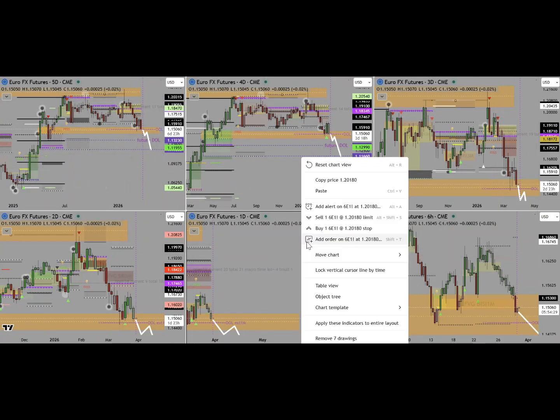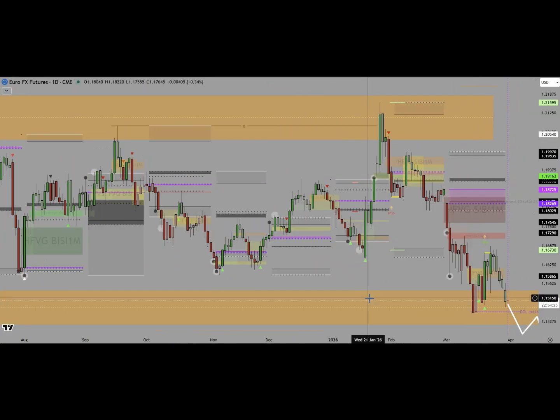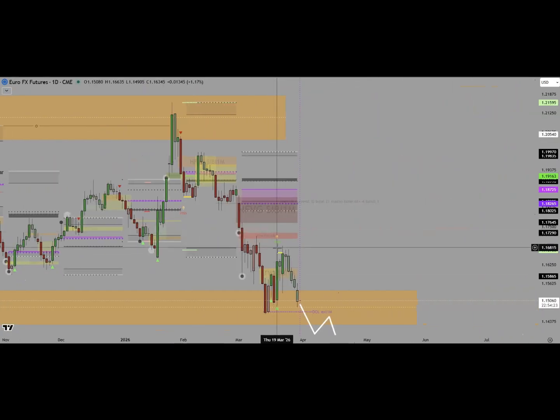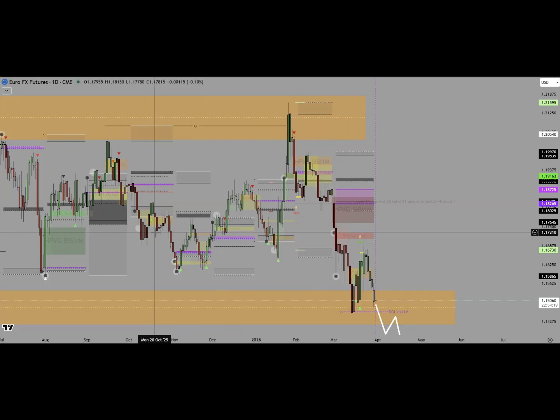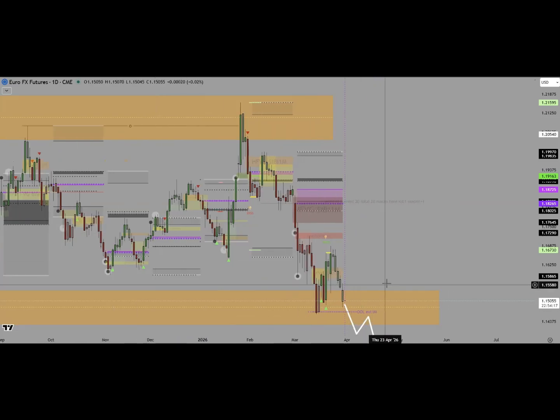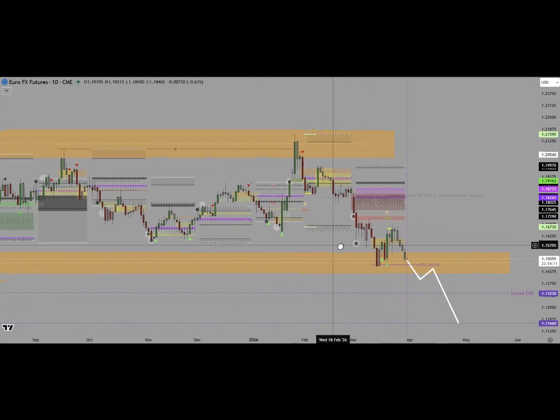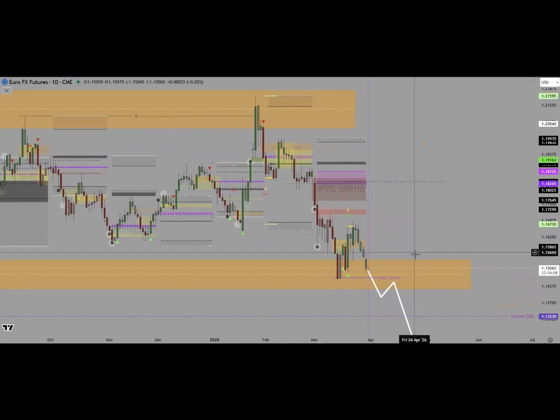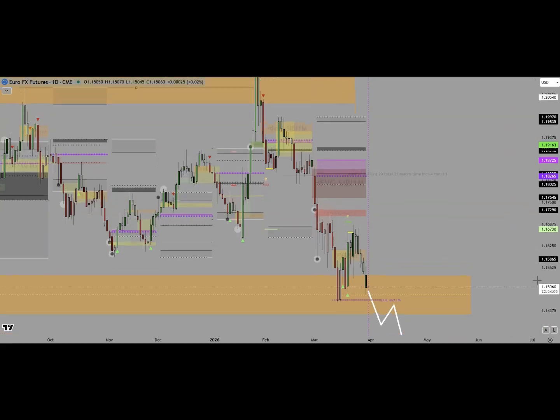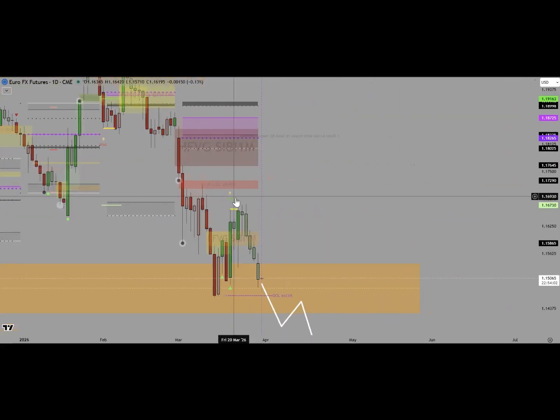Let's see over here in the daily. We got a fake market structure shift. Price continued to drop. What invalidates this idea is if we trade again above these highs, basically above these imbalances.